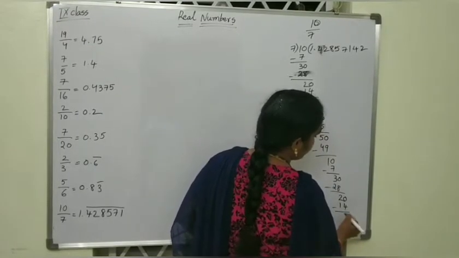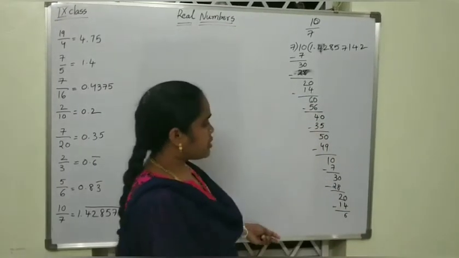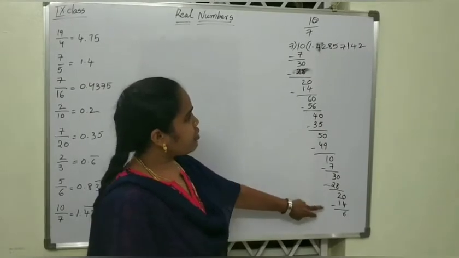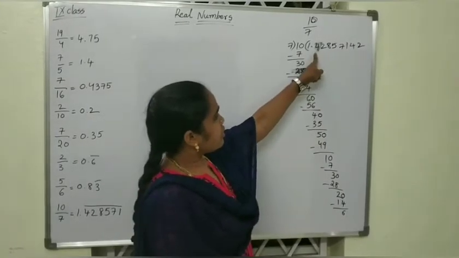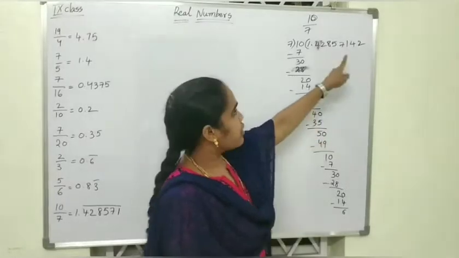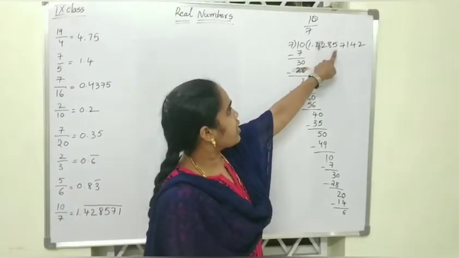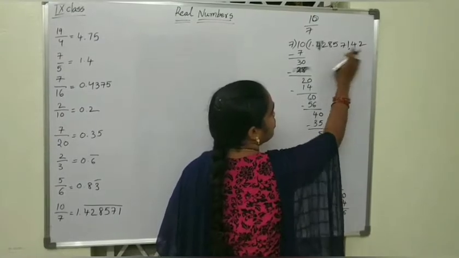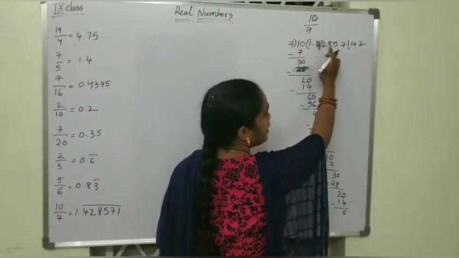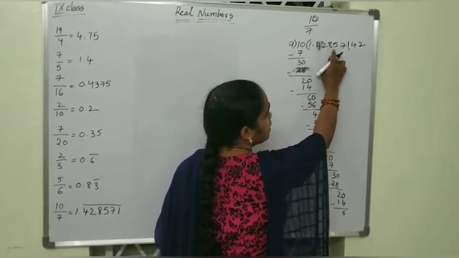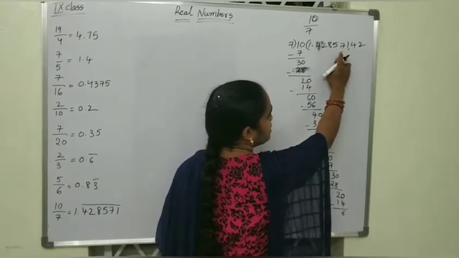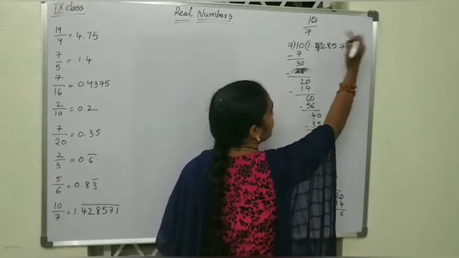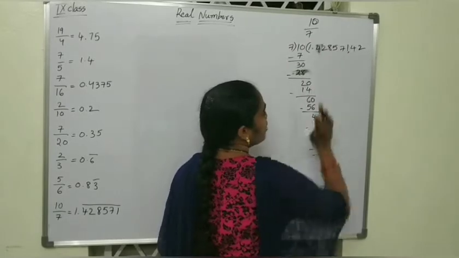Here, children, the remainder is 6. Did you observe here? See, some numbers are repeating. So 4 2 8 5 7 1. Again observe 4 2. Again what will you get next? 8, next 5, next 7, next 1. After 1 again 4 2 8 5 7 1.